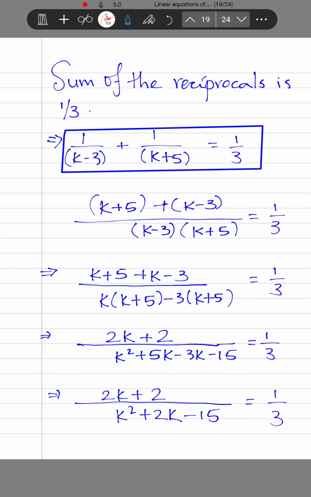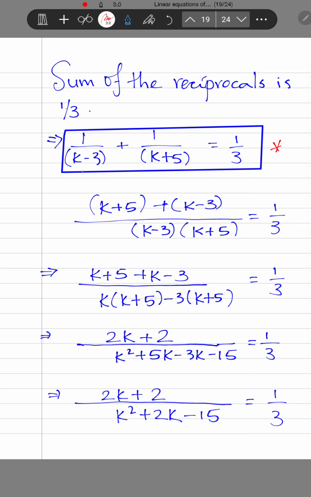Now we have two expressions. The sum of these two reciprocals is 1/3. So we put the equation as 1 over K minus 3 plus 1 over K plus 5 is equal to 1/3. This is what we solve.